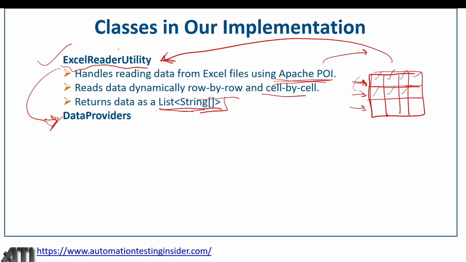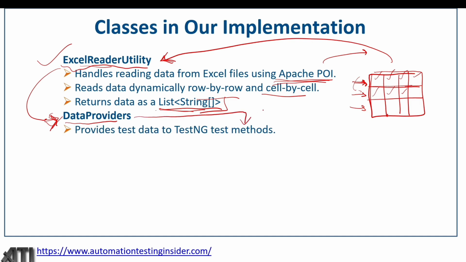We'll write one method in the Excel reader utility, and that will be accessed by the data provider class. And then it provides test data to TestNG test methods. From data providers we'll pass our data to TestNG test methods, wherever we have written @Test methods.